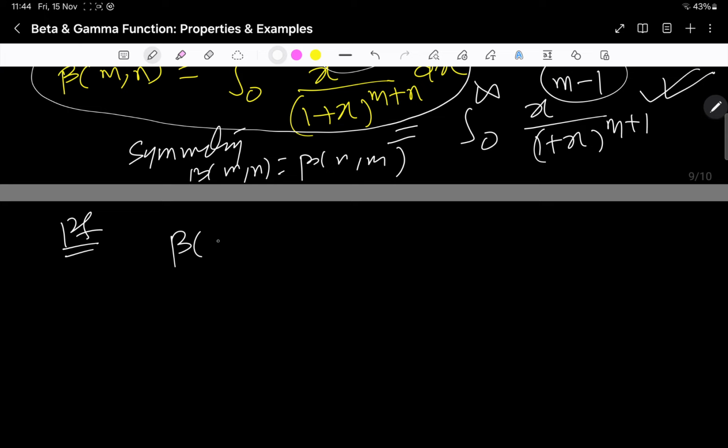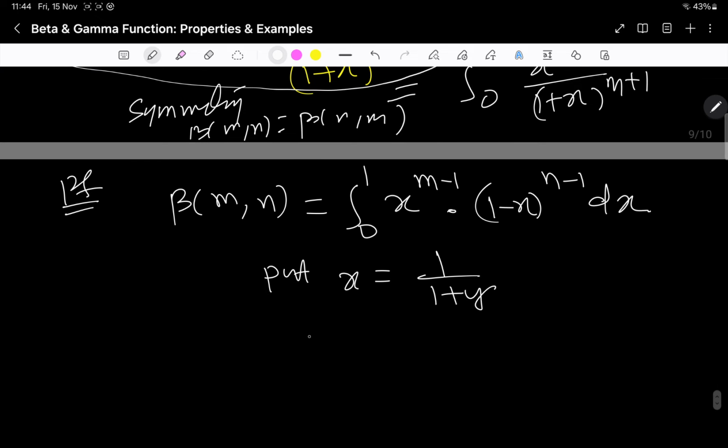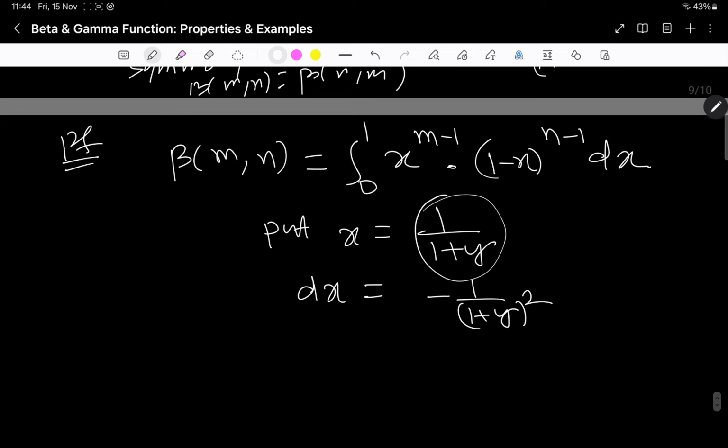You know, beta mn is the integral from 0 to 1 of x to the power m minus 1 into 1 minus x to the power n minus 1, dx. Now if you put x equal to 1 by 1 plus y, then you will be able to establish it. What will be your dx? The derivative of this is minus 1 by 1 plus y squared.